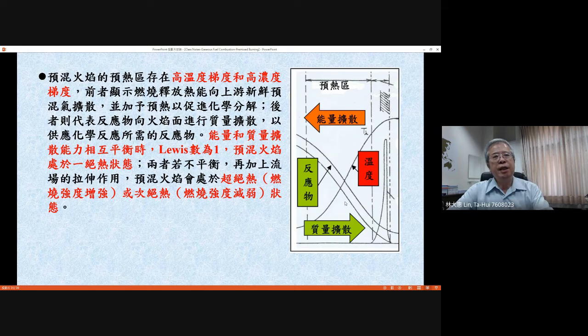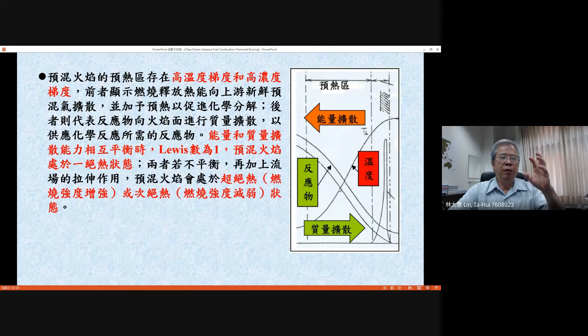As you look at this temperature variation in the preheating zone, you figure out there is a so-called temperature gradient, right? When you have a temperature gradient, you think about the important diffusion transport that needs to be considered in the preheating zone.